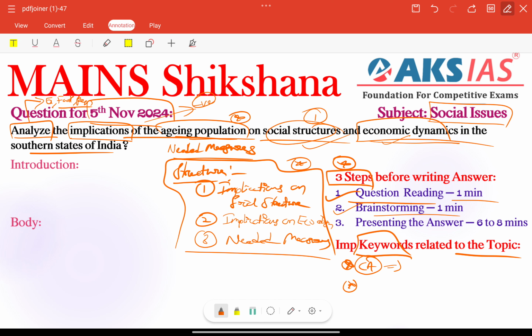Other than that, reports, especially data, we need to include, like the declining fertility rate in southern states, for example Tamil Nadu, Kerala and Andhra Pradesh, etc. So we need to include these types of facts, especially based on India's aging population report also.